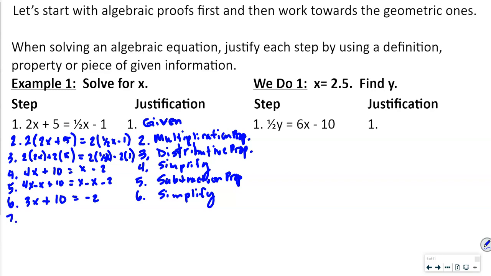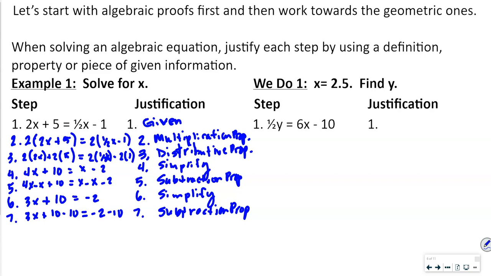So step 7 here, we're going to do 3x plus 10 minus 10 equals negative 2 minus 10. So that is, again, the subtraction property, right? So for step 7, we're going to say subtraction property again. And I'm being very detailed with this, y'all, so you guys can see everything.